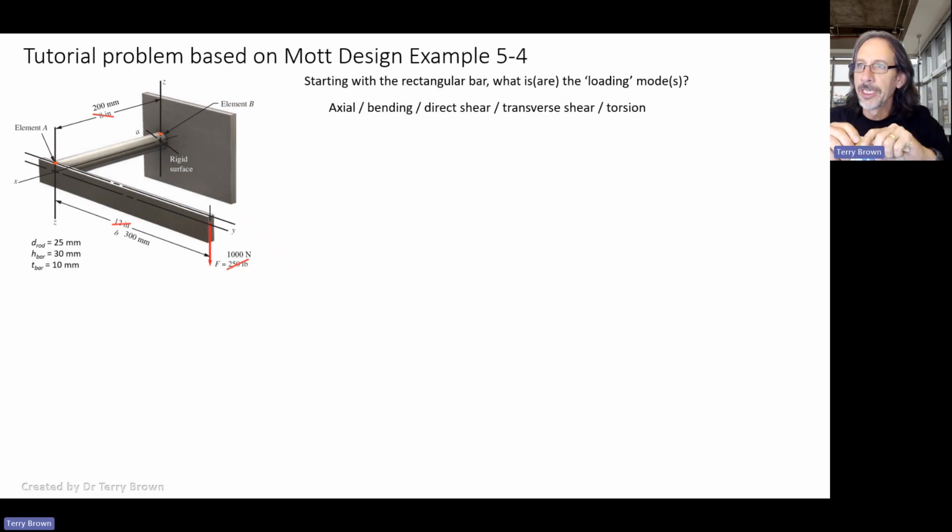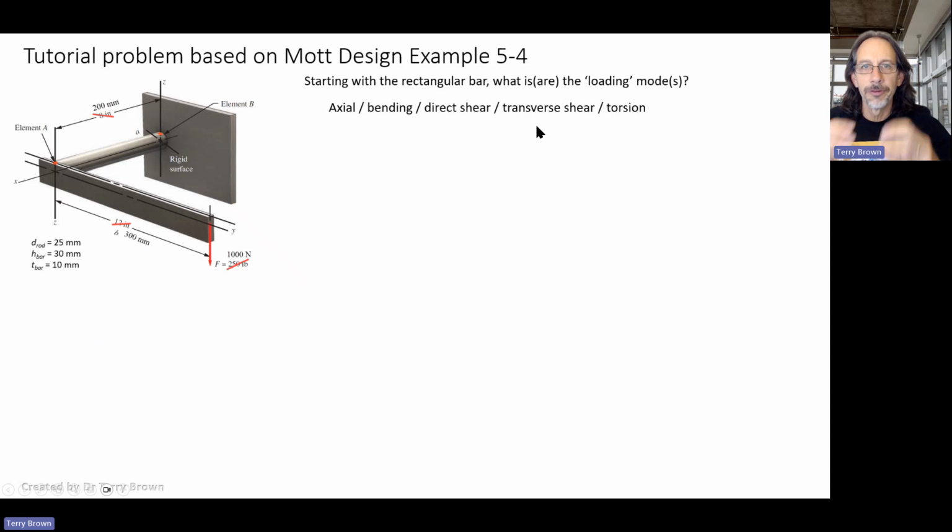Back in Applied Mechanics and Design A, we looked at mechanisms and pins, or frames and machines, and we looked at the pin between two members, and where the pin went through between the two connecting members, there was a shear plane there. Okay, so we had two forces either side in opposite direction, creating a shear on a shear plane. Okay, so that's usually what we refer to as direct shear.